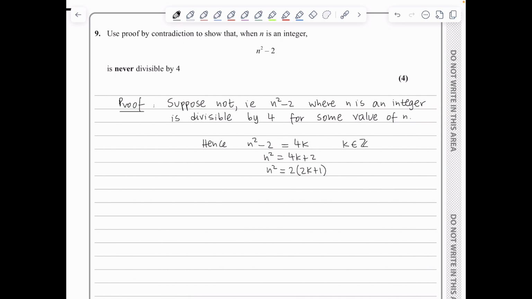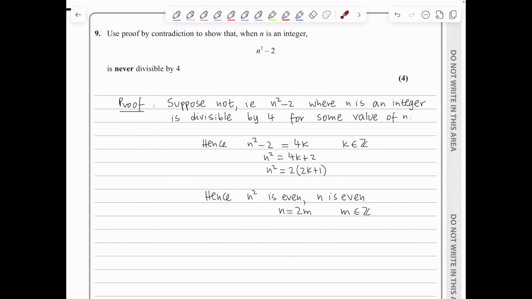Now, obviously, the right hand side is even because it is 2 times an odd number, and therefore I conclude that n squared is also even, and this means that n is also even, and if n is even, we can say that n is equal to 2m for some m in the integers.